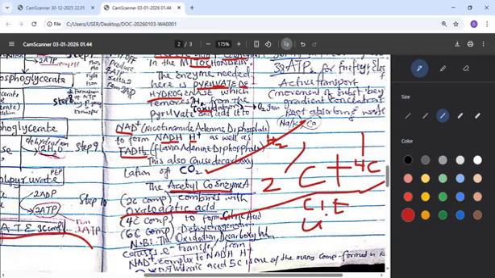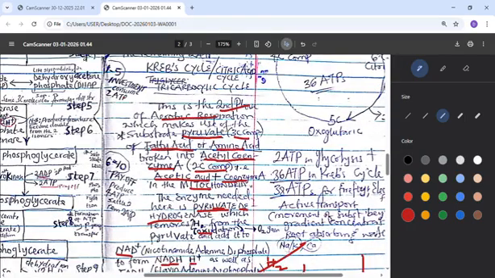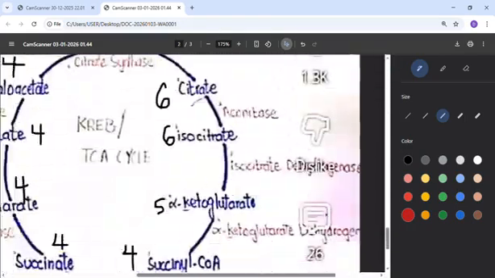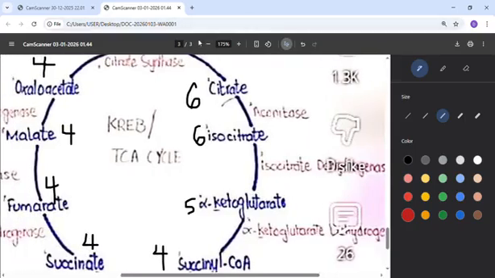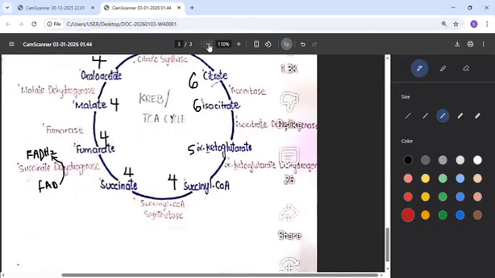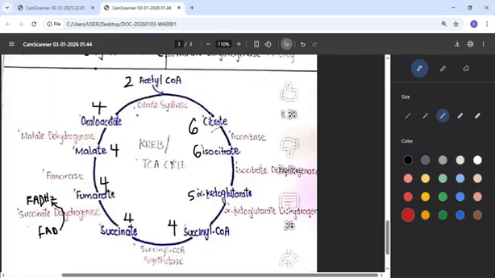So let's now see the structure as it is. Now look at this structure. This is the structure of the Krebs cycle. Krebs is actually the name of a person, the person who explained this cycle.